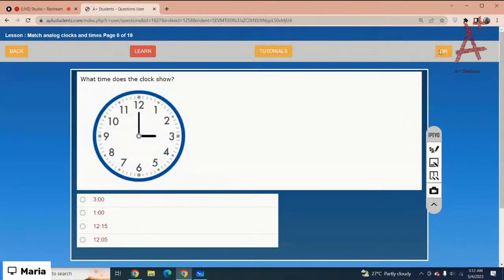Okay, what time does the clock show, which is the correct option? Yes, the shorter hand points to 3 and the larger hand points to 0. So it would be 3. Very good.